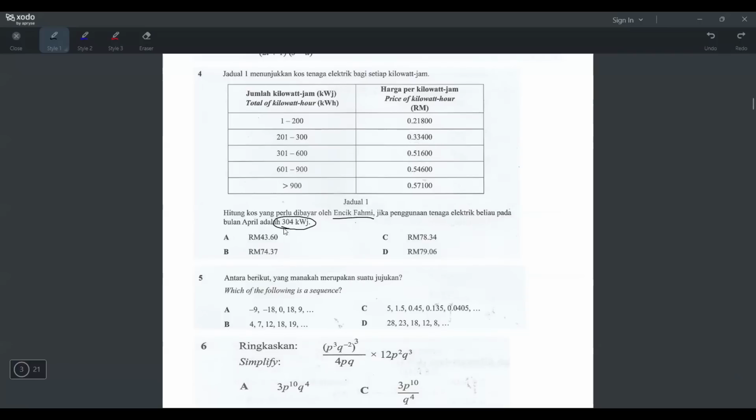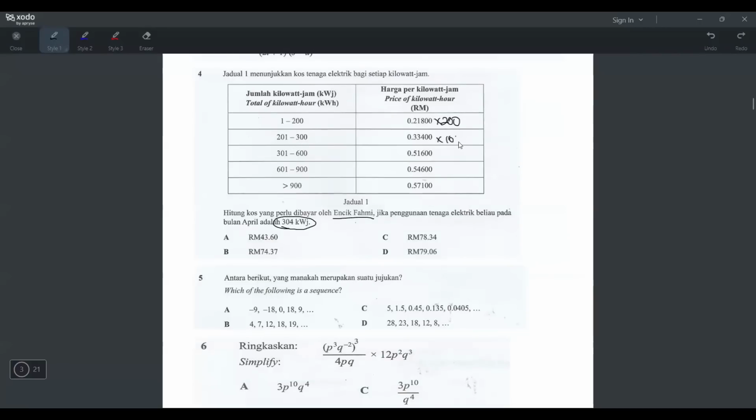So if you look at the 304, the 304 is obviously sudah over the 200. Okay, so that means dia mesti kena bayar 0.208 darab dengan 200. Okay? The first 200, this is the rate, right? But the next, from here to here is 100, right?